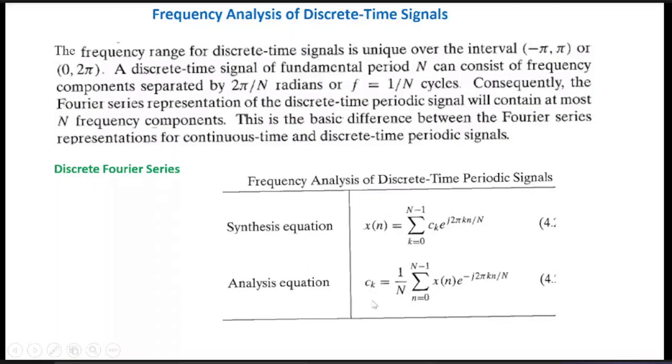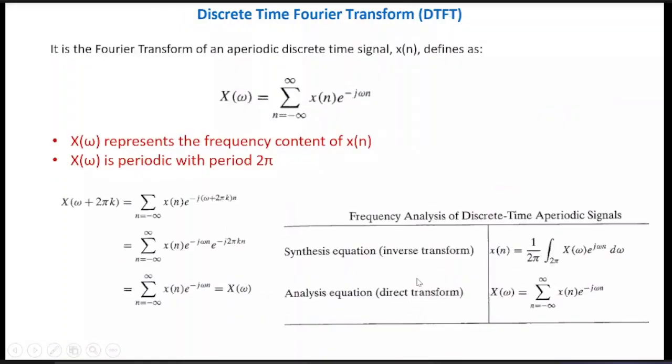Next we see what we mean by discrete time Fourier transform. Okay. So the general formula is x of n e to the power minus j omega n, and n goes from minus infinity to plus infinity.